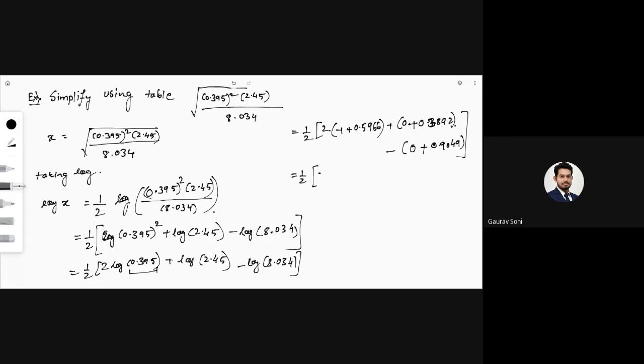What can we do for the first term? Characteristic is negative, mantissa is positive.